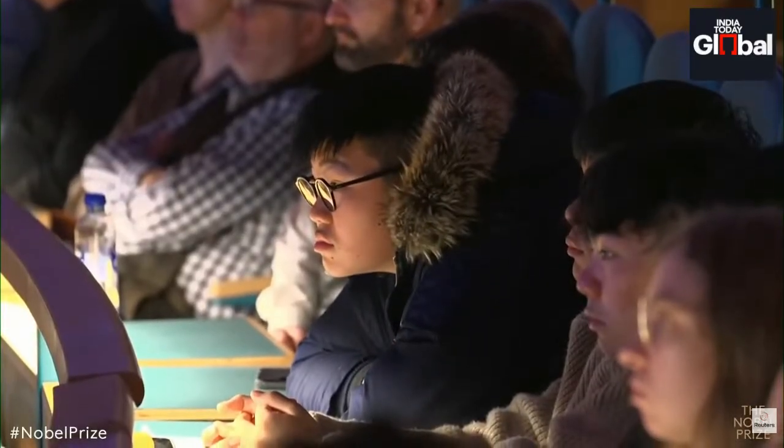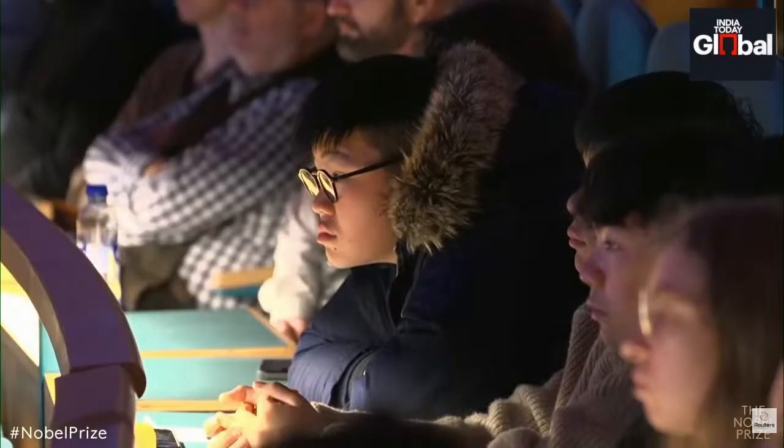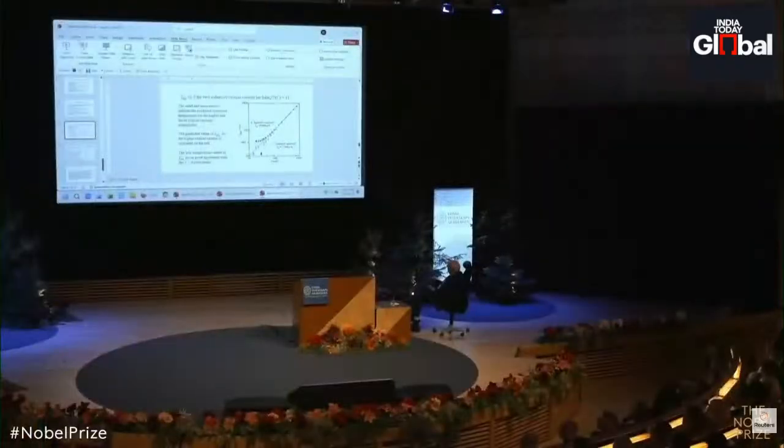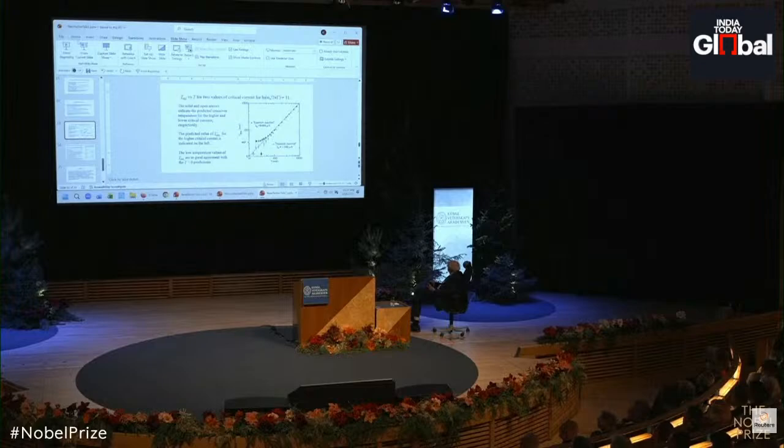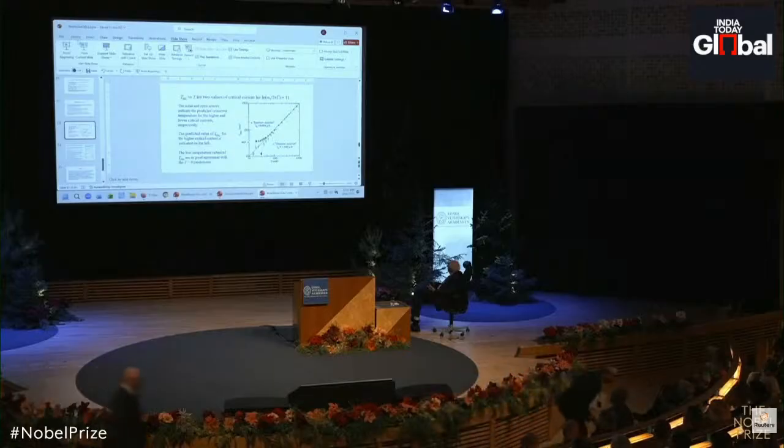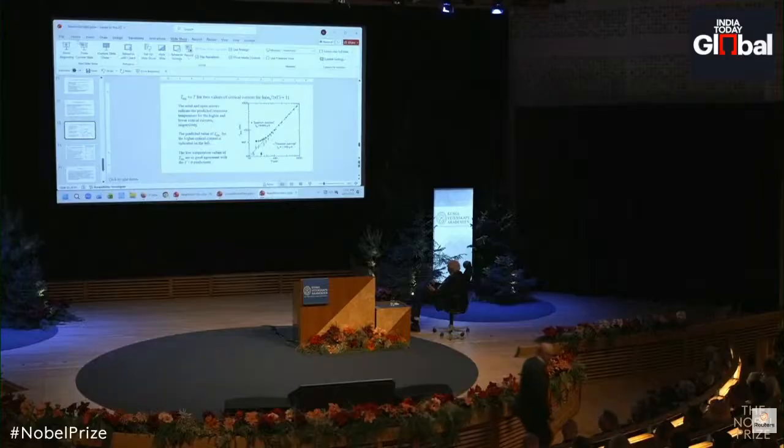So the quantum junction is one with a relatively high critical current, and the classical junction has a much lower critical current. And the two arrows here: the solid arrow represents the predicted crossover temperature for the higher critical current, and the open arrow here is for the lower critical current.